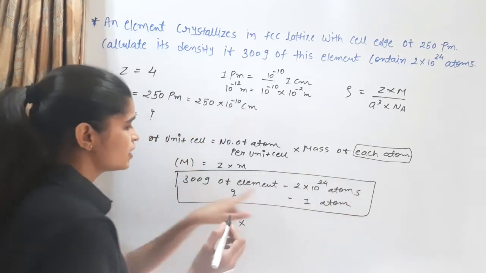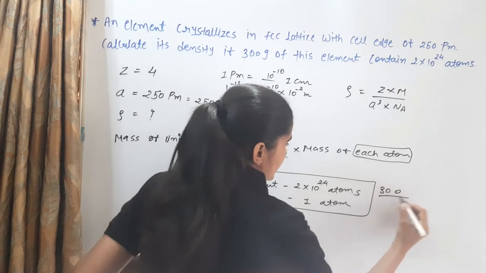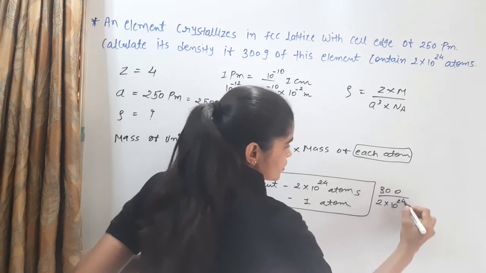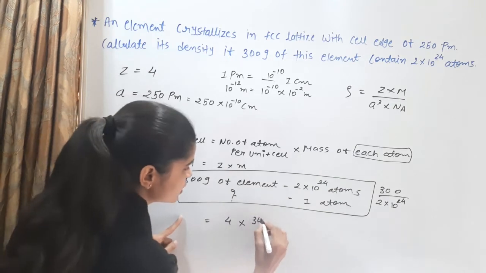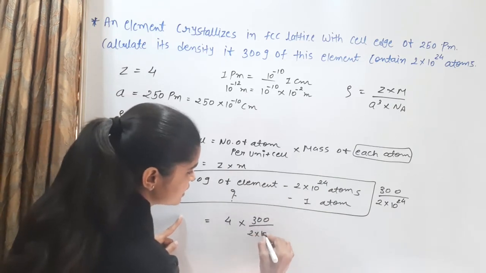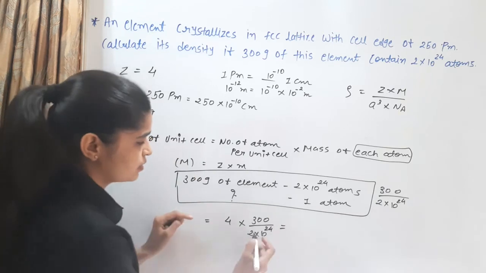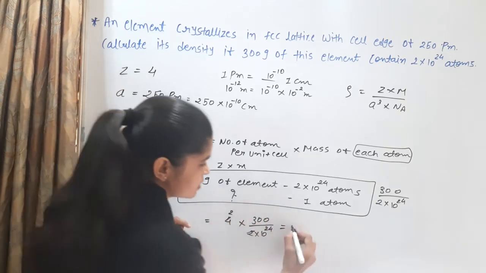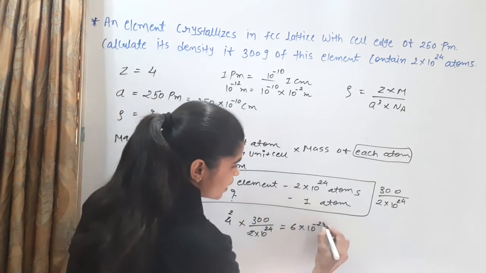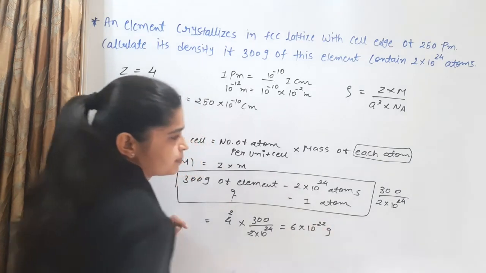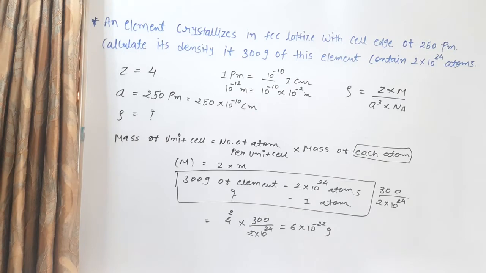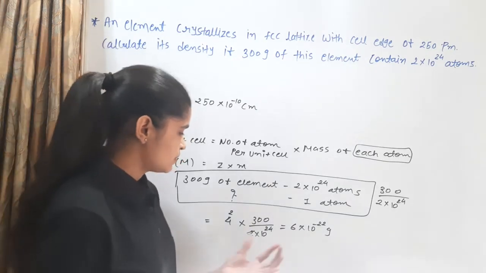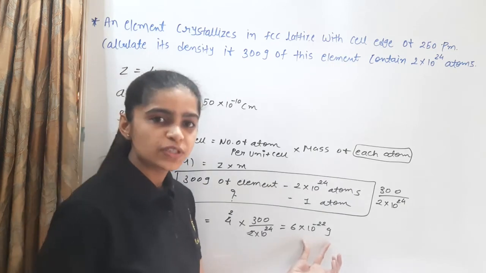We write 300 divided by 2 into 10 raised to 24, multiplied by 4. The 2 cancels out, and this gives 6 into 10 raised to minus 22 gram, the mass of the unit cell.